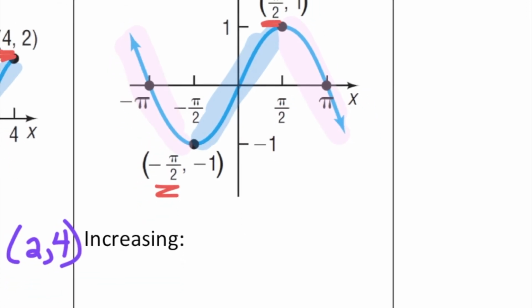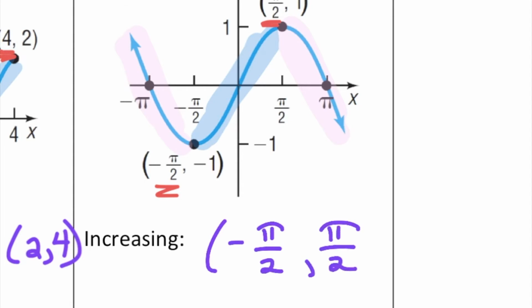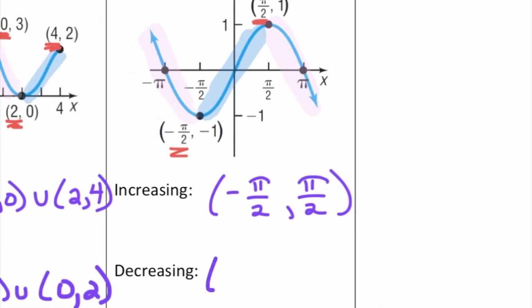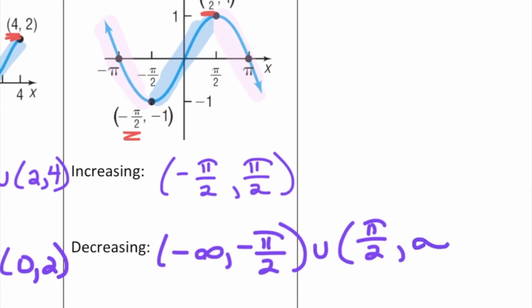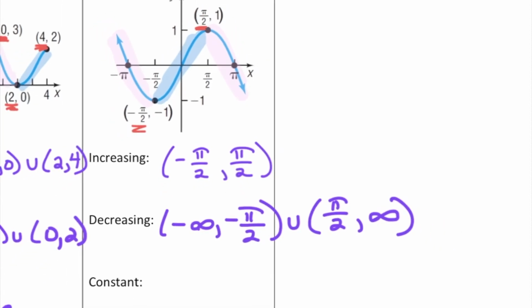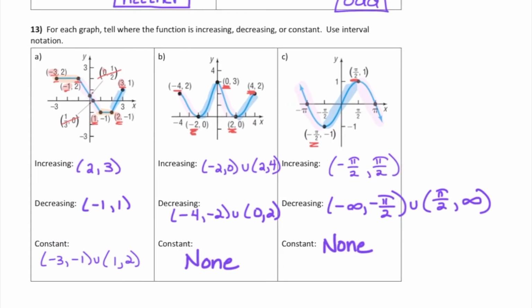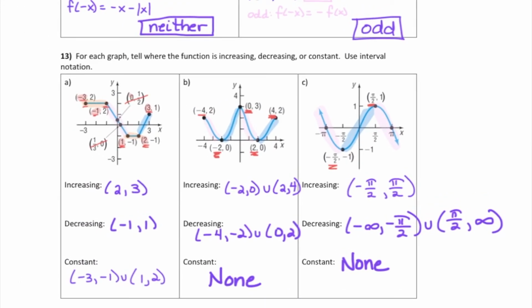So it is increasing from -π/2 to +π/2. It's decreasing from -∞ to -π/2, union, and then from +π/2 to +∞. It's constant nowhere, so there are no constant intervals. And by the way, letter C is the sine curve.